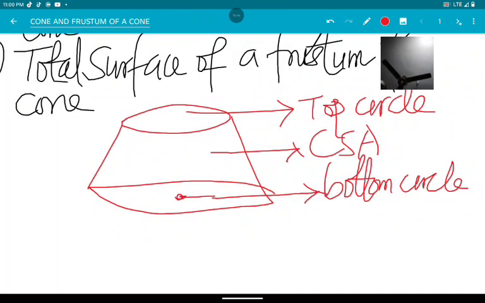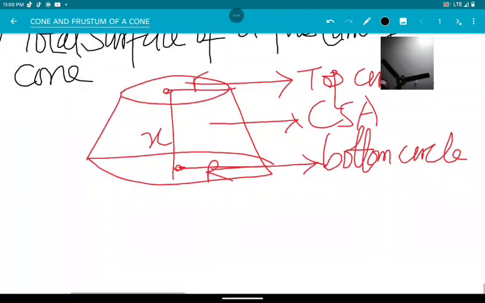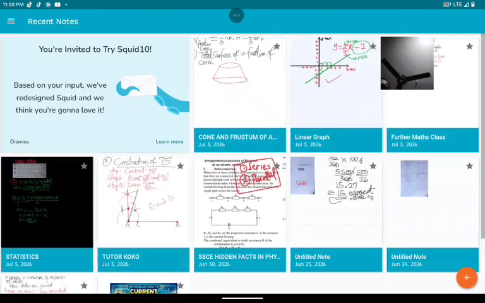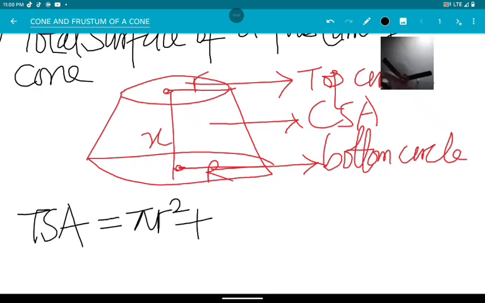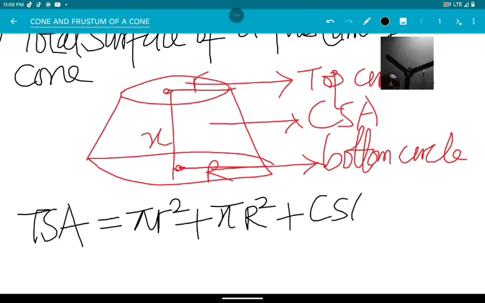So what I just need to do is to add everything together. Very simple. The total surface area is equal to the top circle, pi small r square, plus the bottom circle, pi big R square, plus the curved surface area.